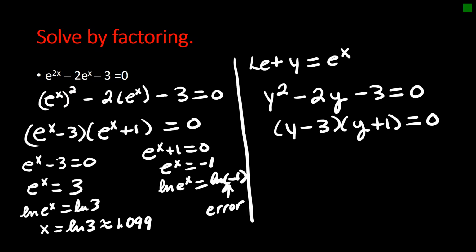So for this portion, there is no solution. So the only solution we have is x equals natural log 3, which is approximately equal to 1.099.